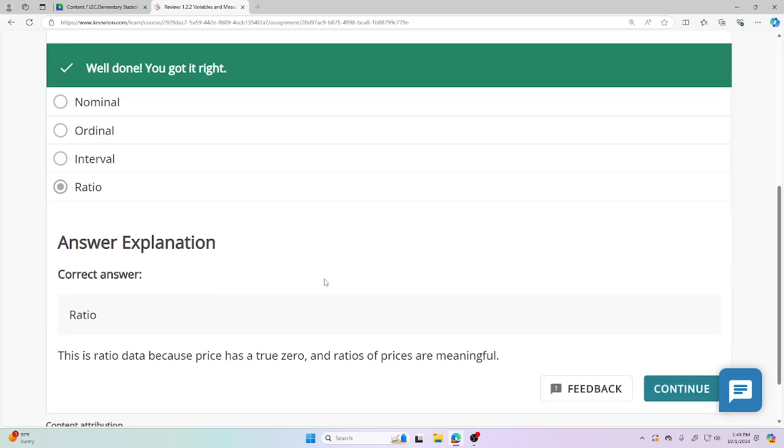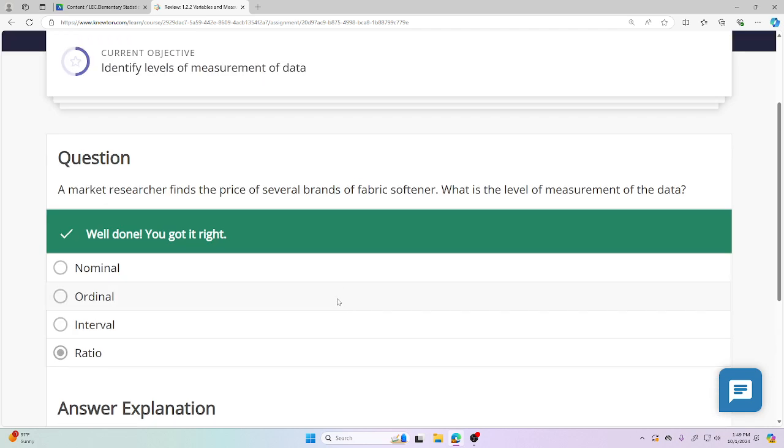That's what makes sense. Again, you can write this down. Ratio data is the price for true zero. What you can't do are examples. Specific examples in statistics would be dollars of fabric softener, or interval would be like years, AM, PM, and all those other little examples we did.